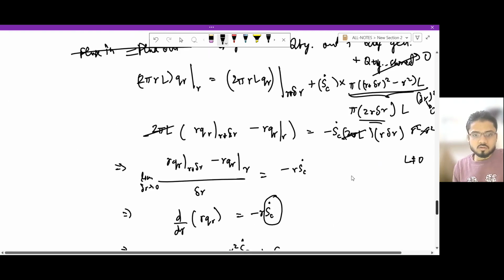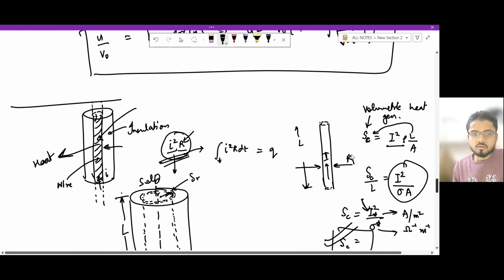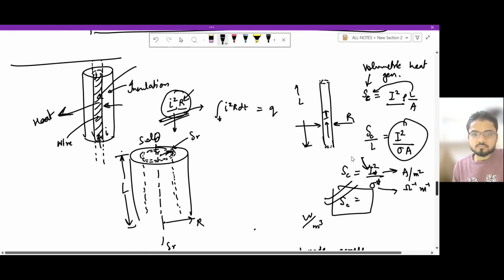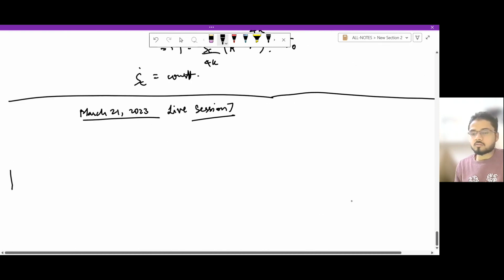Last week, we were doing a problem where we had a wire that was carrying some current, and that current, in all its entirety due to the resistance of the wire, was producing thermal energy that was being dissipated as heat.